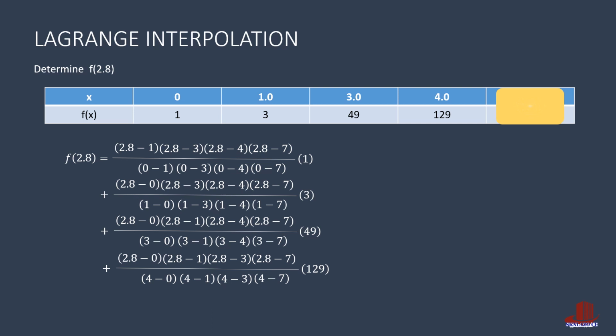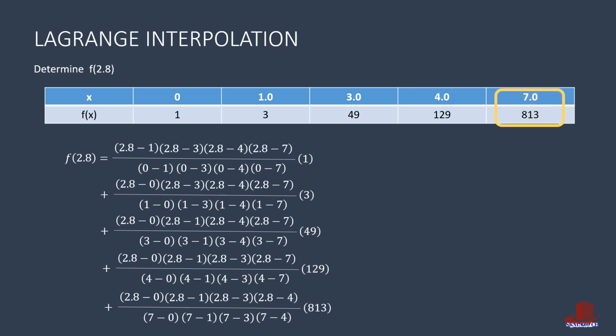Then cover the last data point for the last term. The numerator is then 2.8 minus 0, 2.8 minus 1, 2.8 minus 3, and 2.8 minus 4. The denominator uses the covered x of 7 minus 0, 7 minus 1, 7 minus 3, and 7 minus 4. The y included for this term is 813.